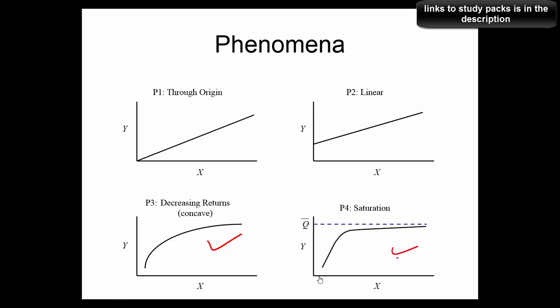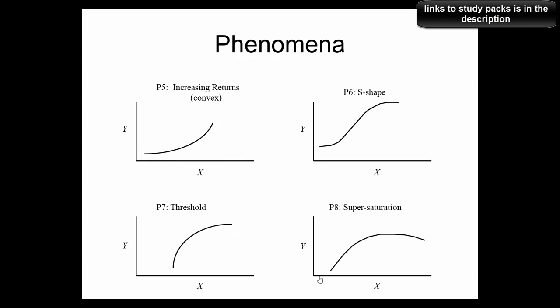The second case is where it's not only nonlinear, it also has a saturation. That means it increases, but at one point of time it doesn't increase anymore. The increase in the value of y is stabilizing, or it is very flat. So you need a different type of functional form for such data.